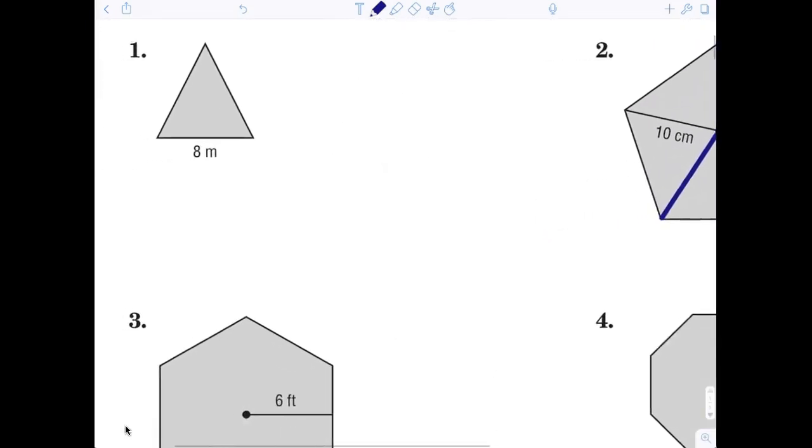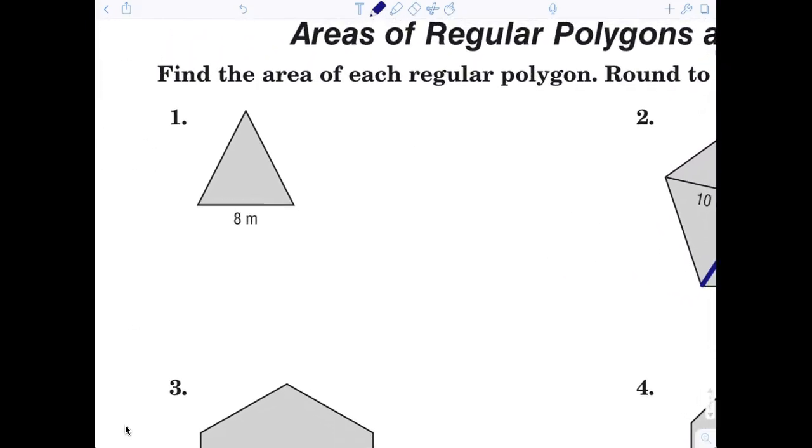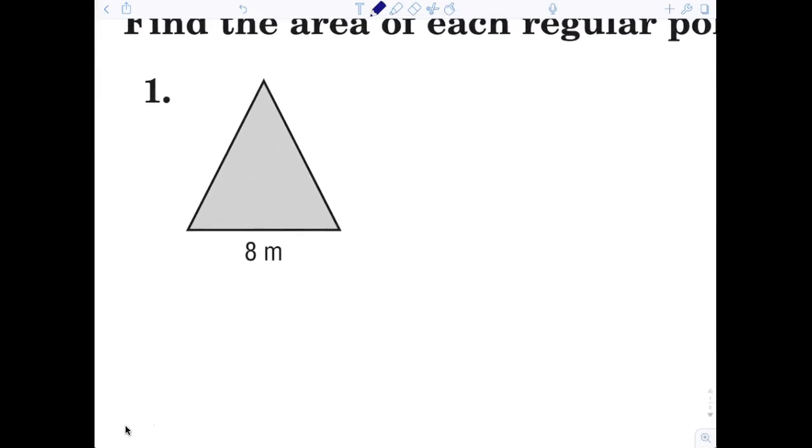So again, number 1 is really silly to me, but you have to remember it is 1/2 base times height, and the hard part is to determine what the height actually is. Somebody tell me what the height is. Exactly, thank you very much.